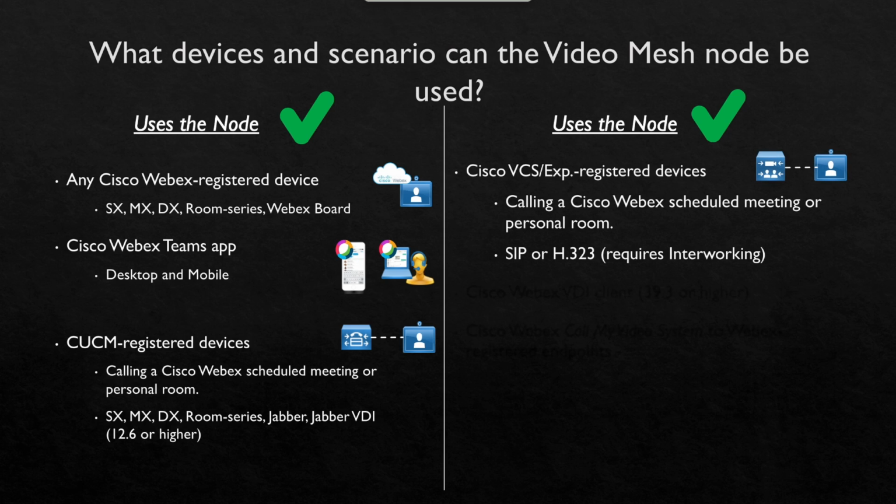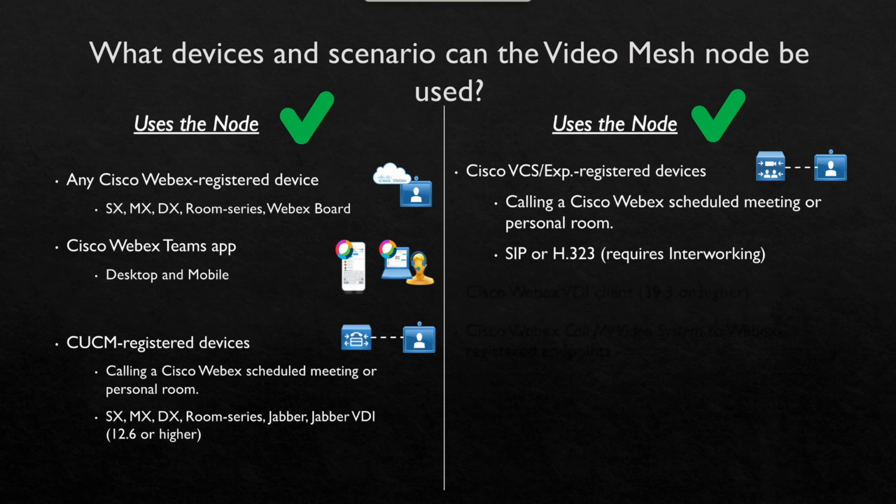Cisco VCS Expressway registered devices, whether it be a VCS or Expressway Core Edge, doesn't matter, as long as they're registered to one of those devices and it's set up to use the video mesh node, then they can call in. And that's true whether they're registered using SIP or H323.